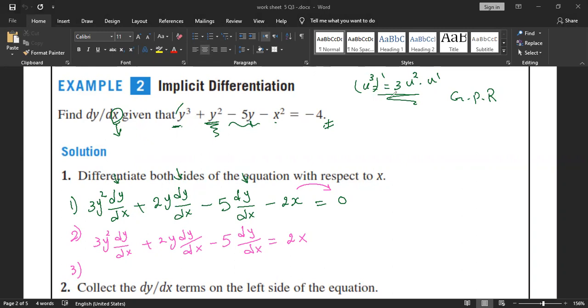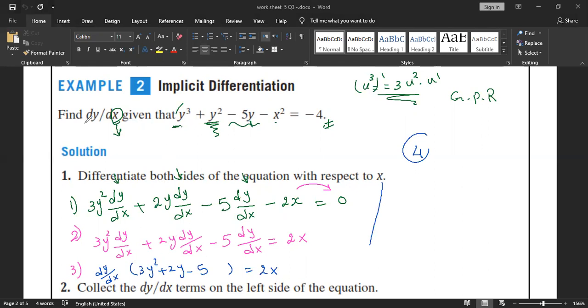Then the third step, take dy by dx as a common factor. It will be dy by dx as a common factor, multiply 3y squared plus 2y minus 5 equal 2x. The fourth step, solve for dy by dx.